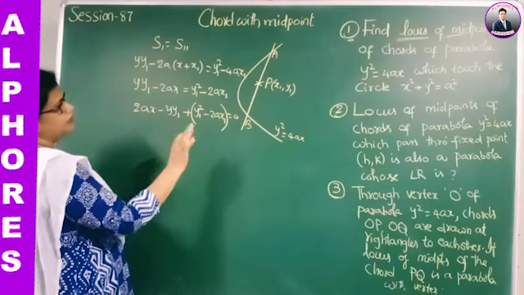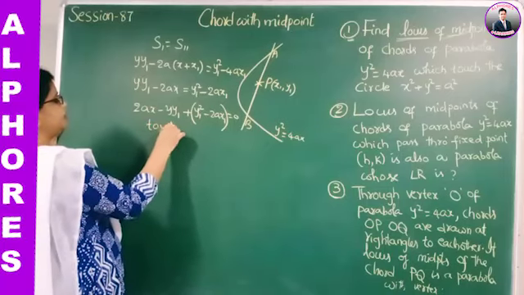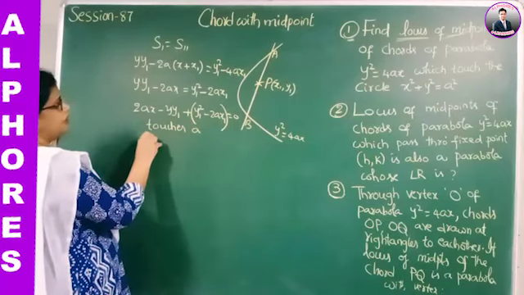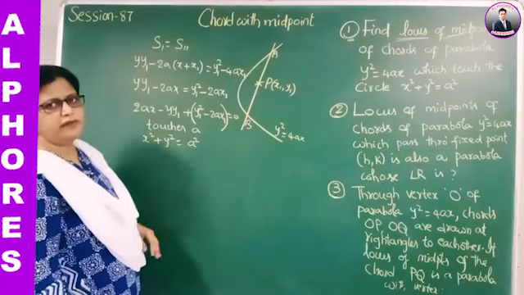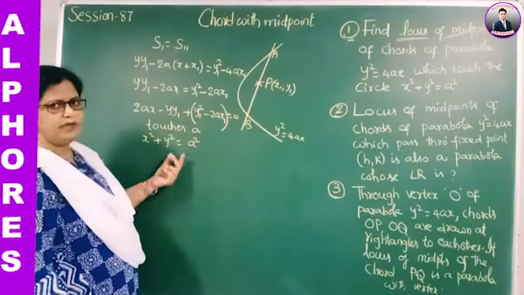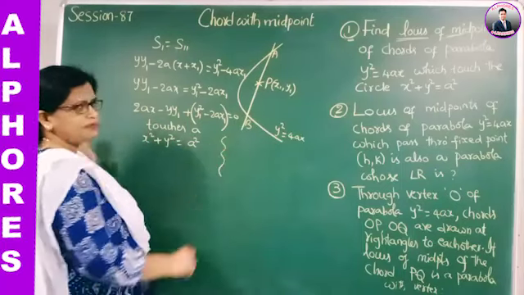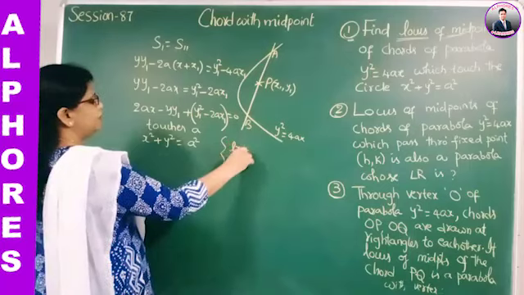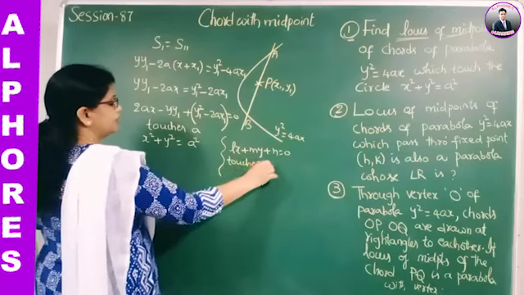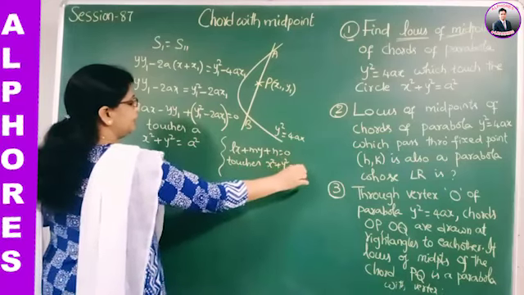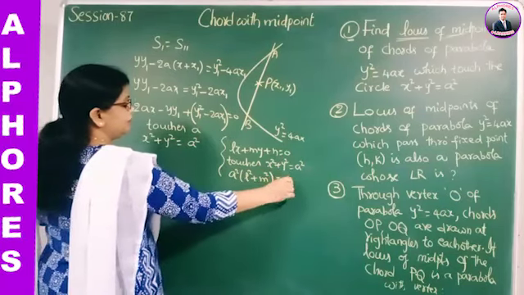Now they said this chord is touching a circle, that means this line touches the circle x square plus y square is a square. Then we can use the condition d equal to r, that is, the perpendicular distance from the center of the circle onto this line is equal to the radius. Or else we can apply this formula: if Lx plus my plus n equal to 0 touches the circle x square plus y square is a square, then a square into L square plus m square is equal to n square.